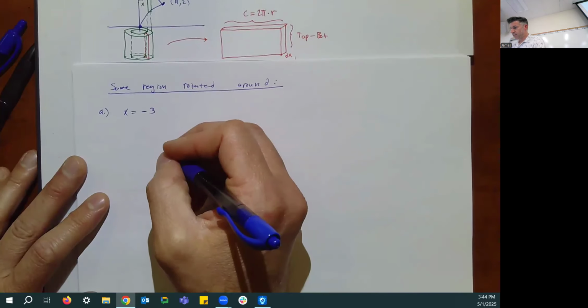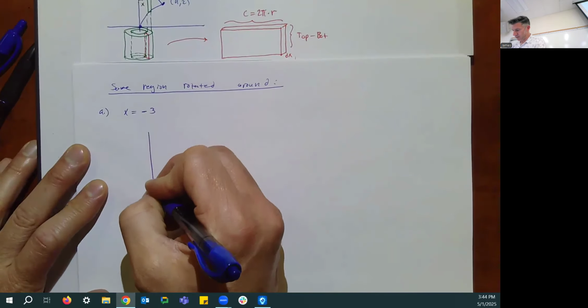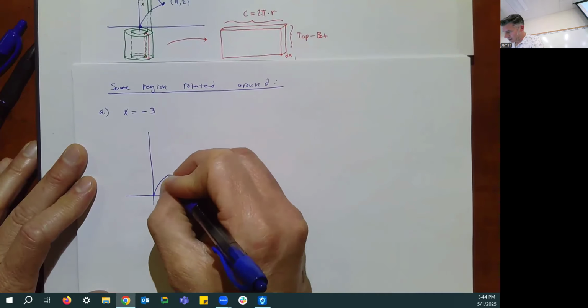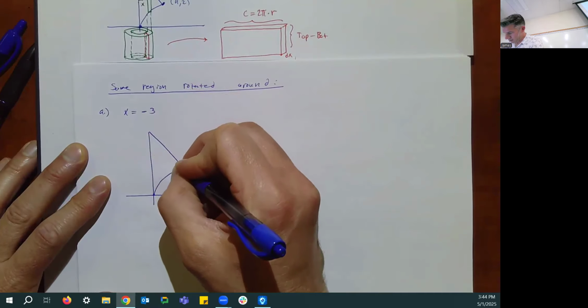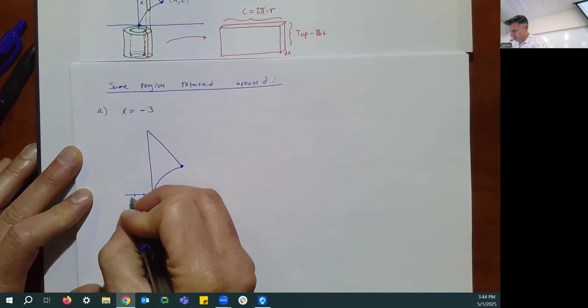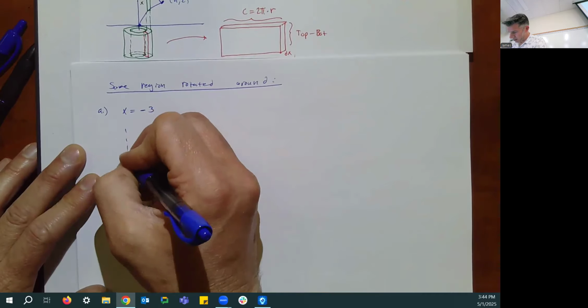So here's how this is kind of going to look. Take my region, which looks like this. And so here's my axis of rotation.